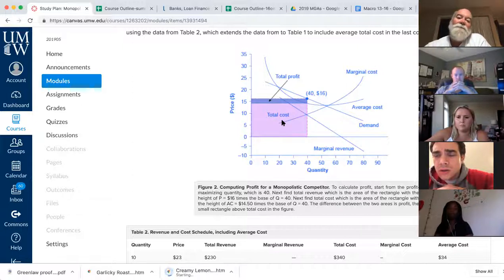But in this particular scenario, we're not going to be there. So sure, the demand curve should go all the way over to here, and the marginal revenue curve should intersect at exactly the same point. If it went the whole way, could you somehow use the marginal cost curve to figure out the total cost? Yeah, if you integrated, the area under the marginal cost curve is going to be total cost.